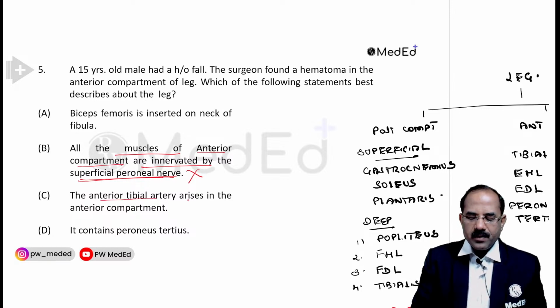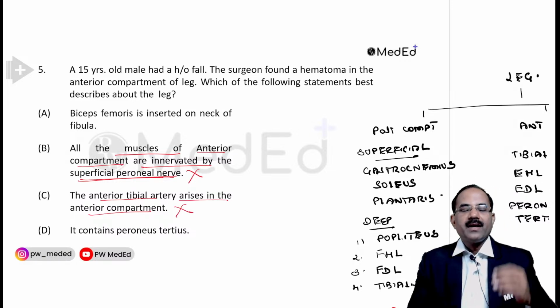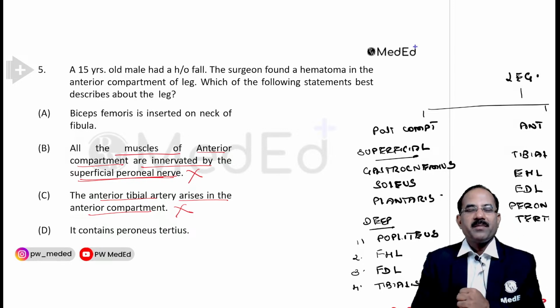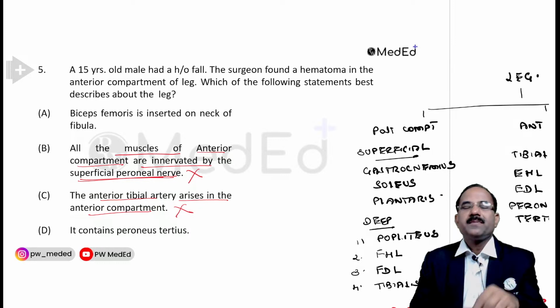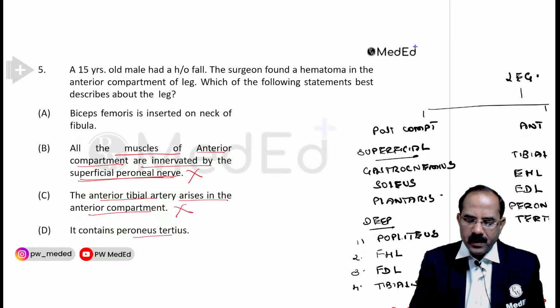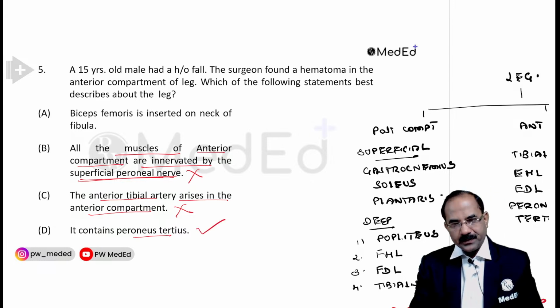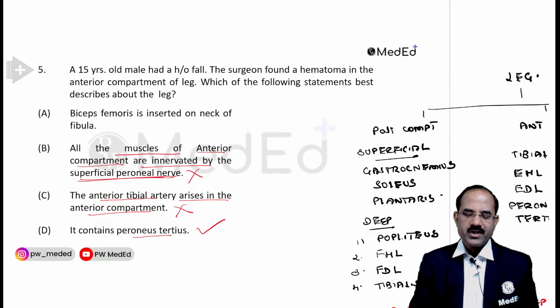The anterior tibial artery arises in the anterior compartment. That's wrong. The anterior tibial artery arises in the posterior compartment, and then it pierces the interosseous membrane to go to the anterior compartment. It contains peroneus tertius. That's correct.